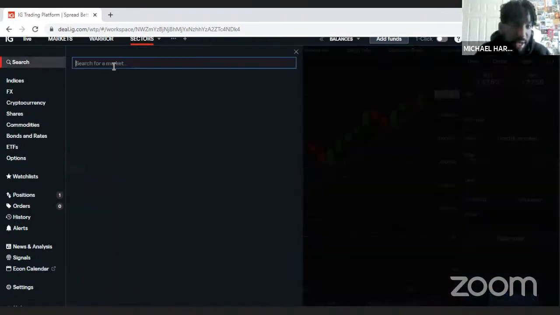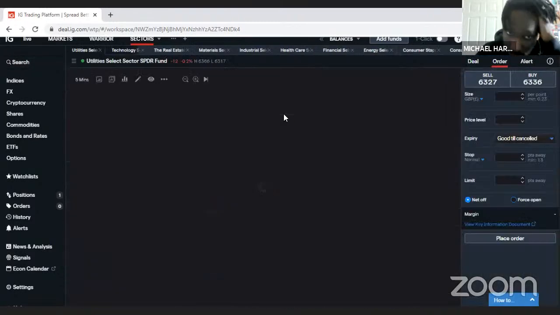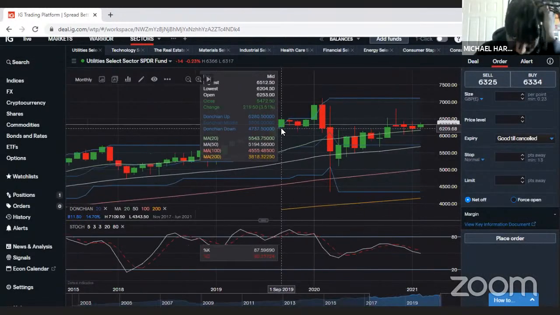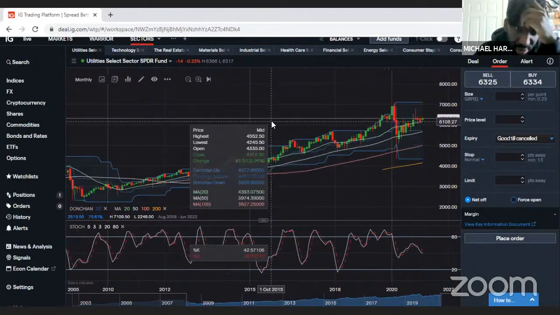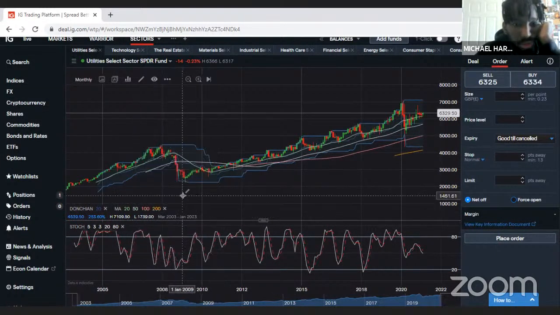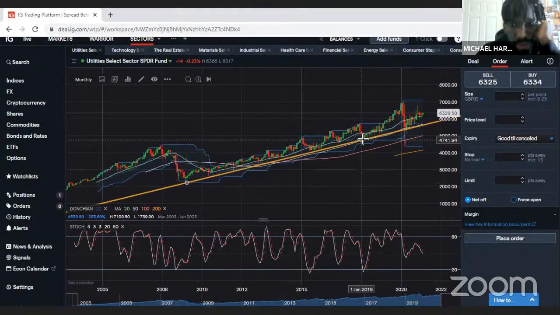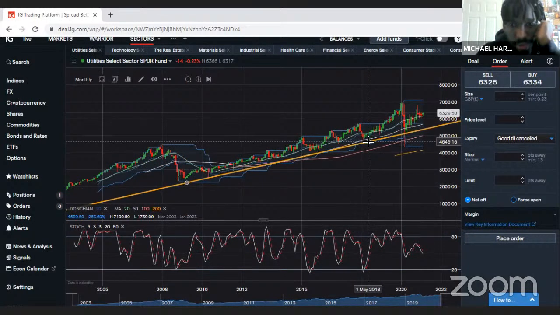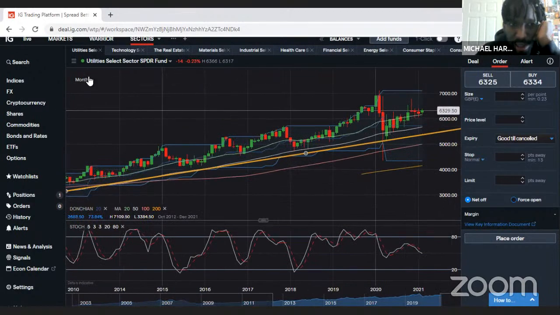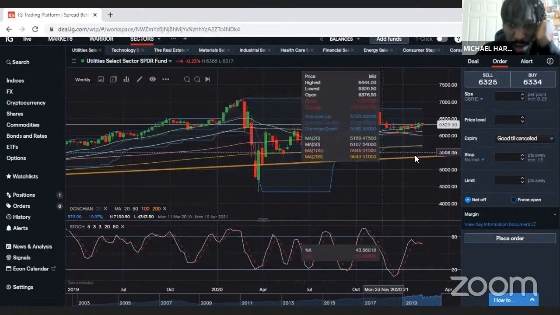Next one, Utilities, XLU. Yeah, I'd ignore that wick. It's the COVID wick. Really like that. That's a trend line. Really nice support there along the 200.